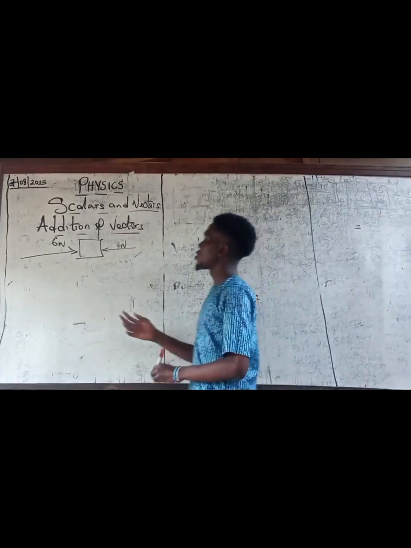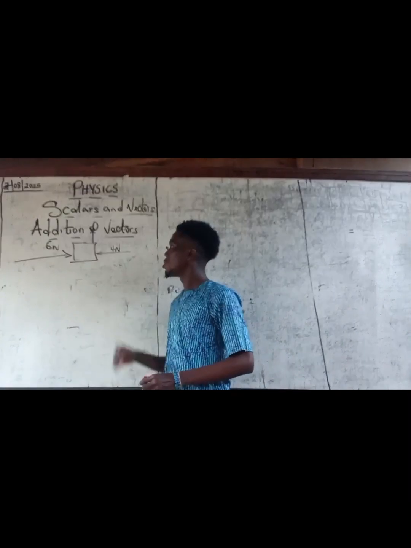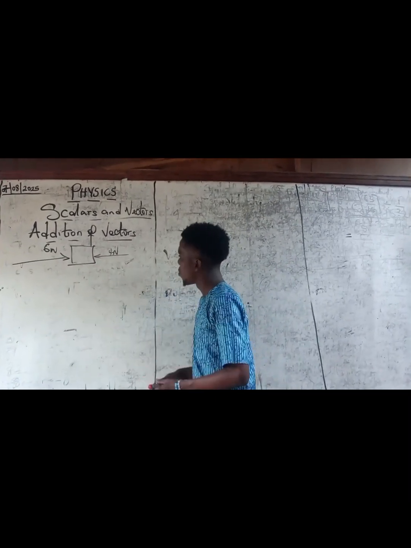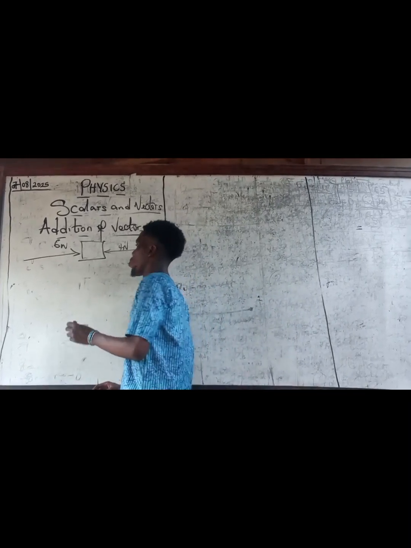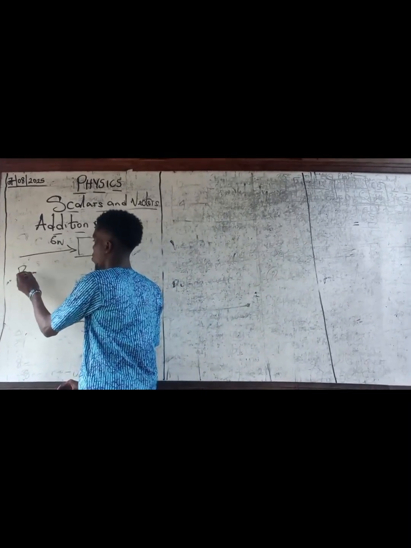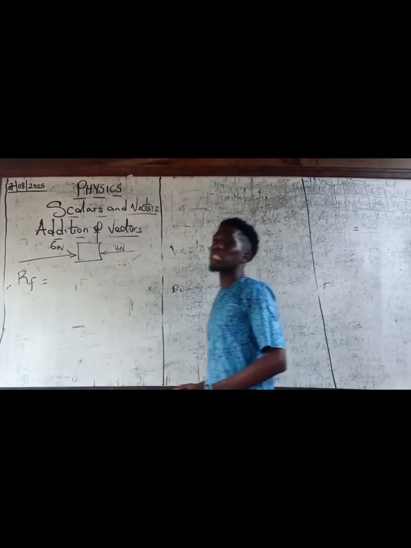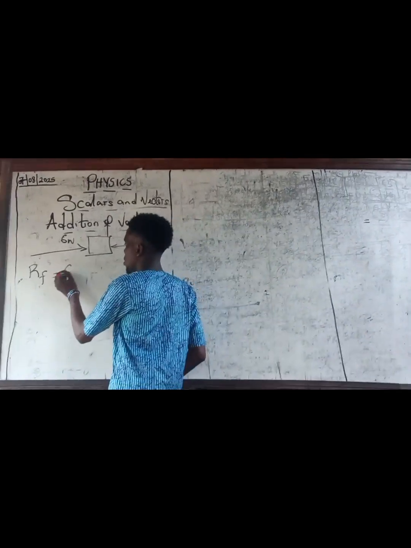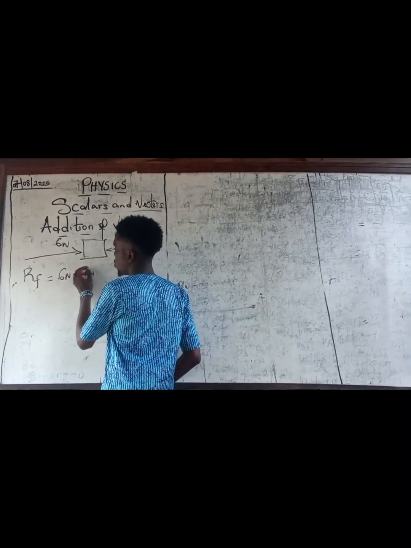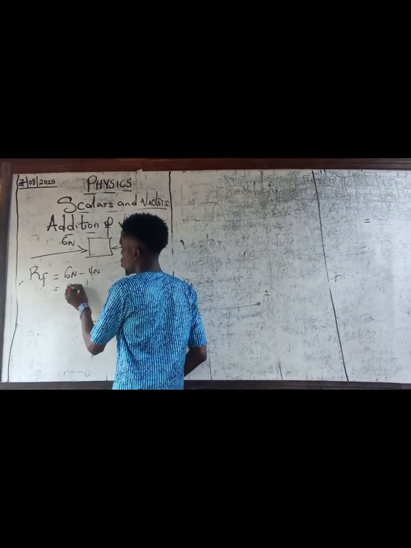So a force of 6 Newton is applied on a load, while a frictional force of 4 Newton opposes the motion. Now, you might be asked, what is the resultant force? To get this, you simply do 6 Newton minus 4 Newton. So the resultant force is 2 Newton.